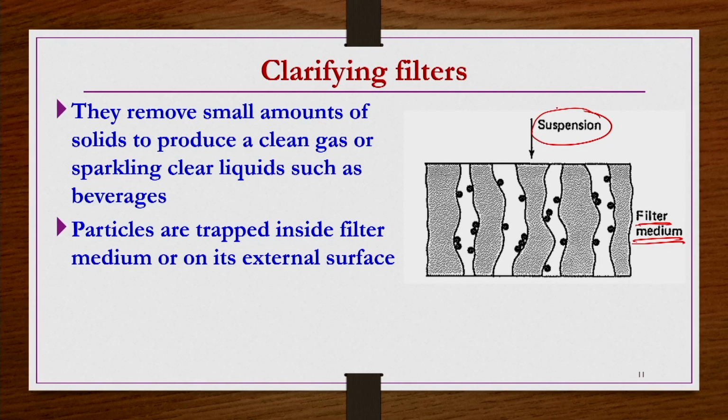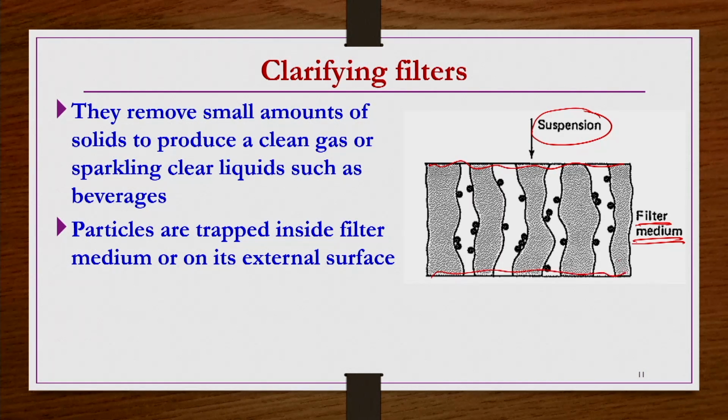So, whatever suspension is having a small amount of solids, or gas which is carrying a few solids, is allowed to interact with this bed or pack of cotton or cellulose pulp or glass fiber, in such a way that these particles are trapped when they strike the surface of this filter medium.